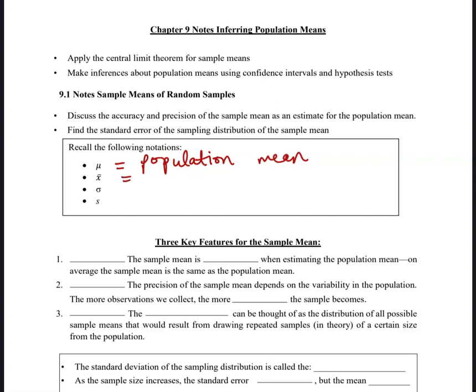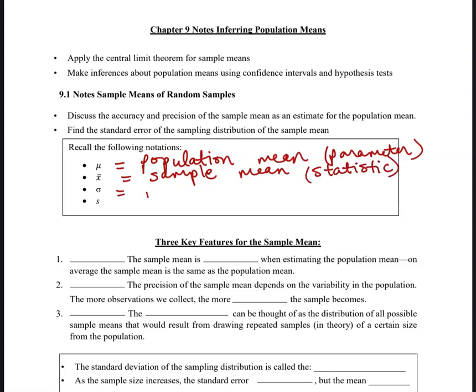Remember, X bar is the sample mean. When I pull a sample from the population and I calculate the mean for that sample, that's X bar. A couple other reminders. Remember, the population mean is a parameter, whereas the sample mean is a statistic.